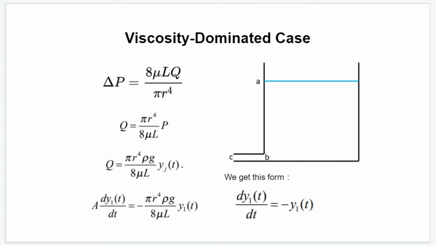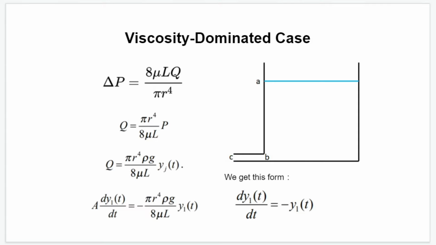Since position A and position C have the same pressure as the atmosphere, P refers to delta P, the pressure difference between point B and C, the two sides of the tube. The pressure at position B is the atmospheric pressure plus the pressure of the water in the container, so P is equal to rho g y, and y depends on t.